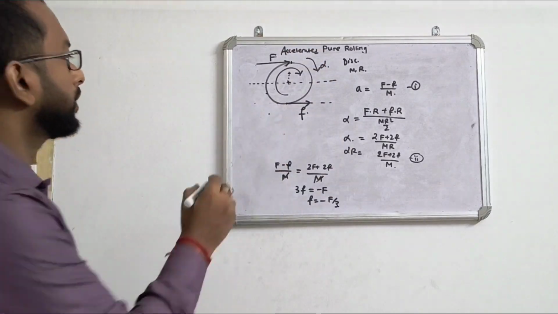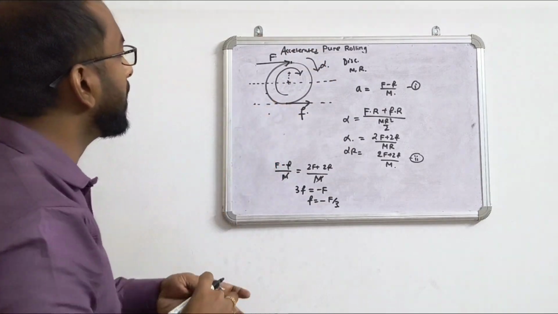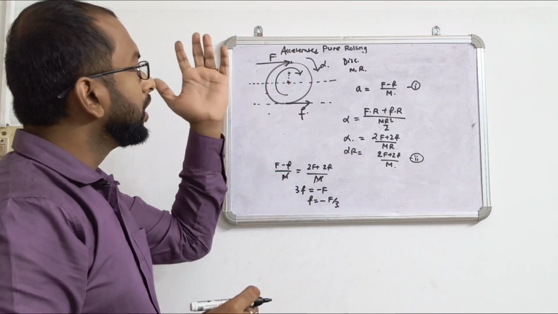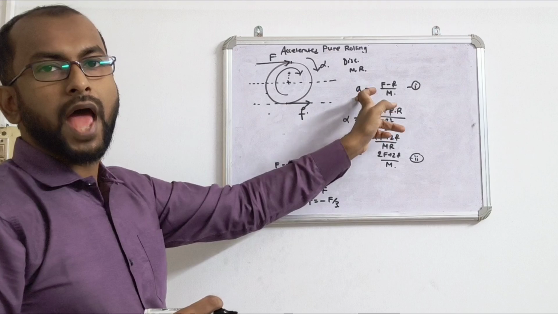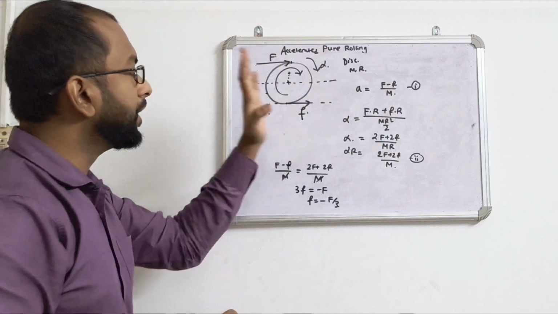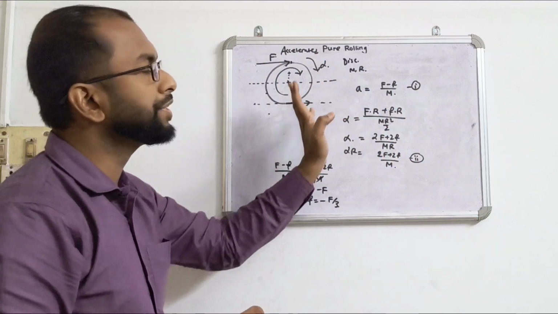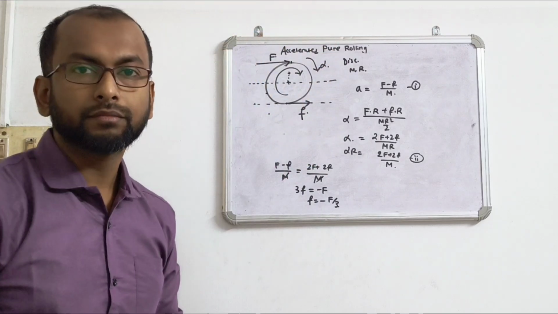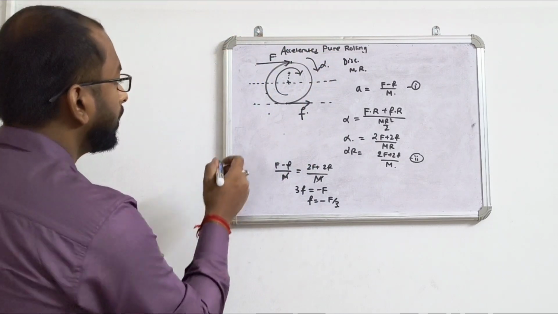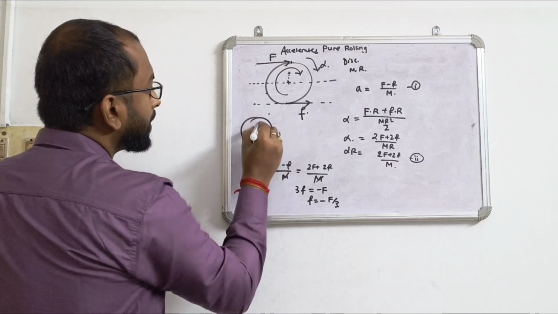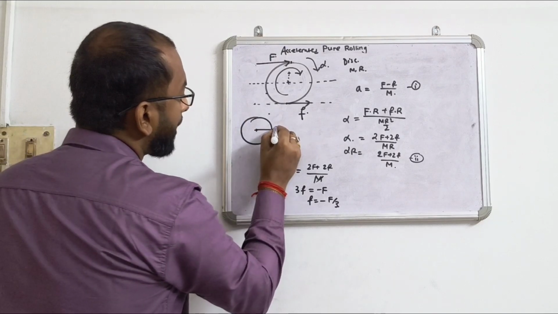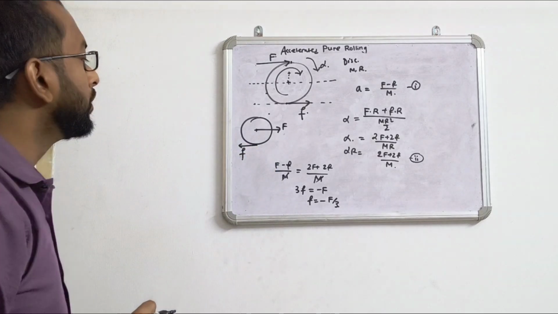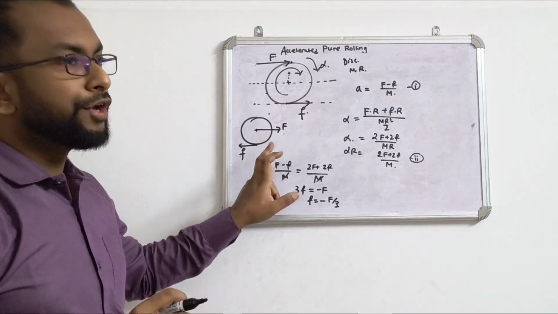So friction will act forward. See, this time if you apply F force at the topmost point, this friction is basically trying to increase the acceleration, because it is acting in the direction of the motion. It is trying to decrease the angular acceleration. In the first case, when F was applied at the center, friction was acting in the opposite direction. So what was the role of frictional force then?